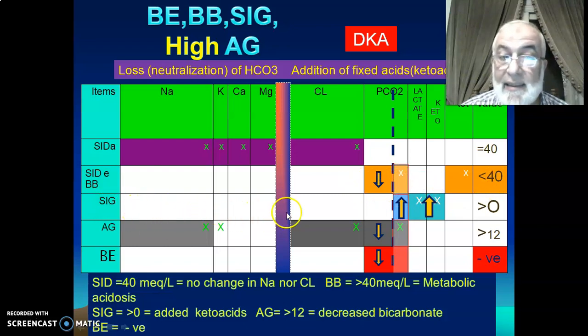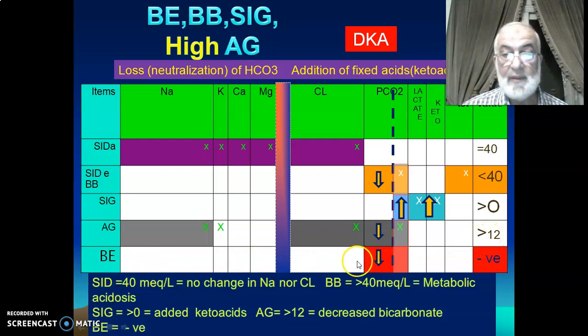When you look at the strong ion gap, the difference between the strong ion difference and the buffer base is large. There is a retention of keto acids, which neutralizes part of the bicarbonate, so the strong ion gap is large. Here, this is a very important point. When you come to the anion gap, there is loss of bicarbonate with normal chloride, which gives a high anion gap.